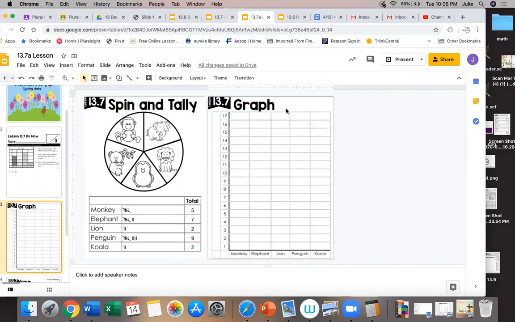What would be a good title for this one? I am thinking, since the categories are animals, that a title would be our favorite animals of the ones listed. It's probably not all of our favorite animals, but of these 5 animals listed, which one is our favorite?